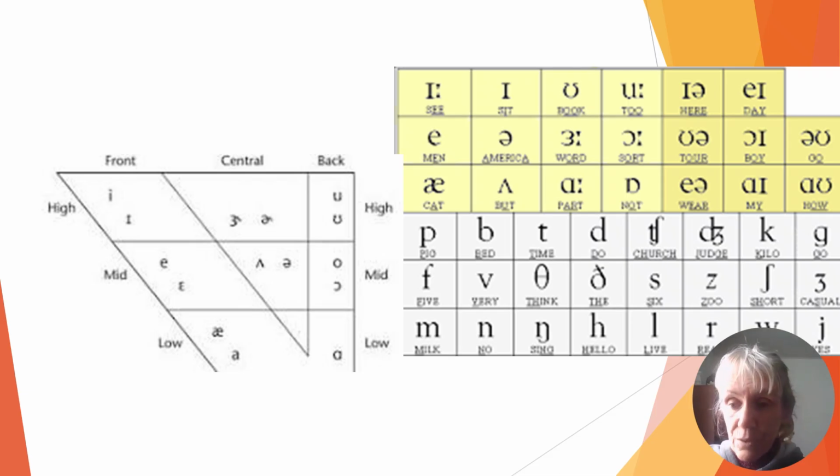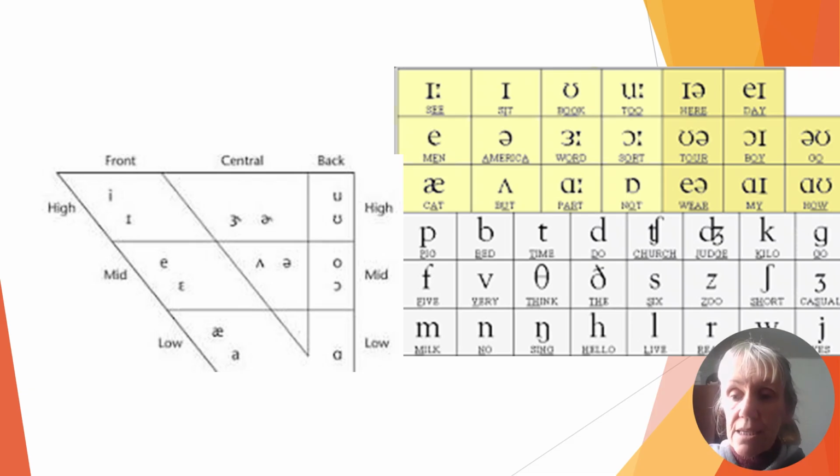As I say the word, I want you to try to find the sound on the mouth chart to see where it will be according to how high the tongue will be, and how far forward or backward the tongue will be, and if the lips are rounded. And you watch my mouth as I say these sounds. So the first sound on the phoneme alphabet chart is E.